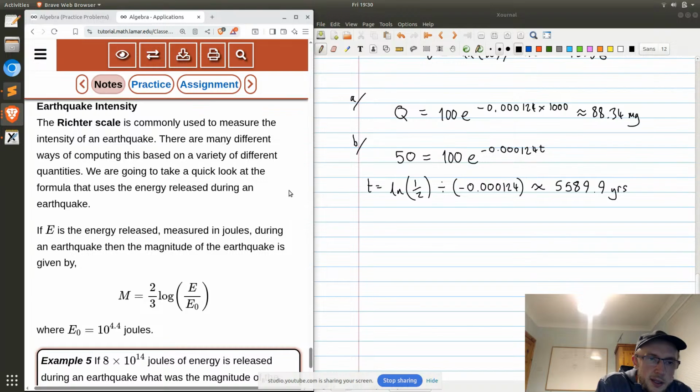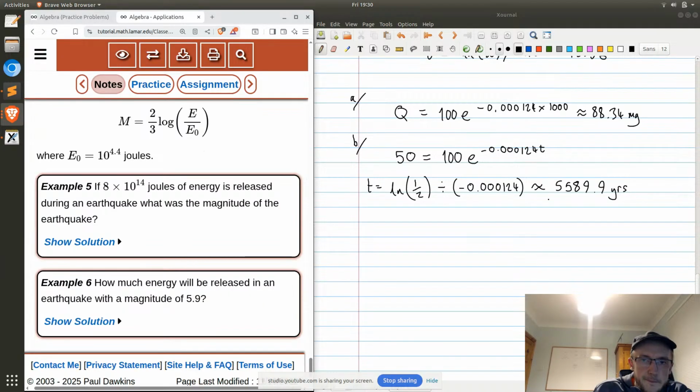We are going to take a quick look at the formula that uses the energy released during an earthquake. If E is the energy released measured in joules during an earthquake, then the magnitude of the earthquake is given by this. 2/3 of log E over E0, where E0 is 10 to the 4.4.